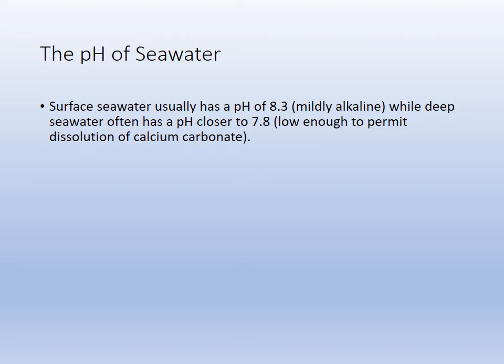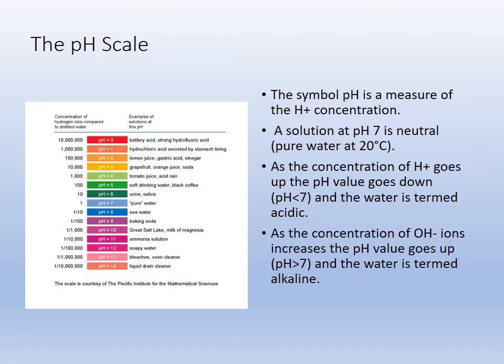Organisms are abundant, shelled organisms. So shells dissolve when they die. Shells are created, so that's called a buffer. It keeps the pH stable, mildly alkaline. So you can see here on the pH chart, pure water is 7, seawater is approximately 8, and other acids and bases.